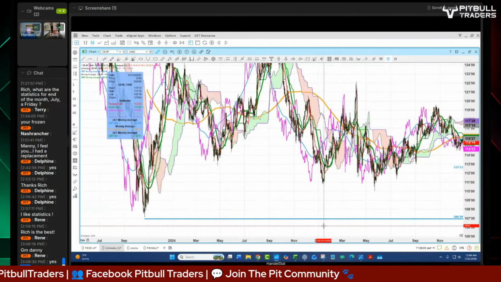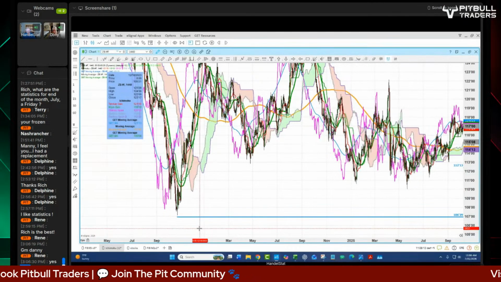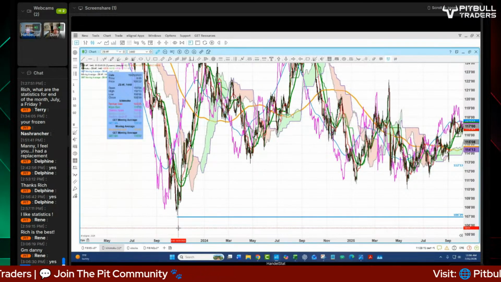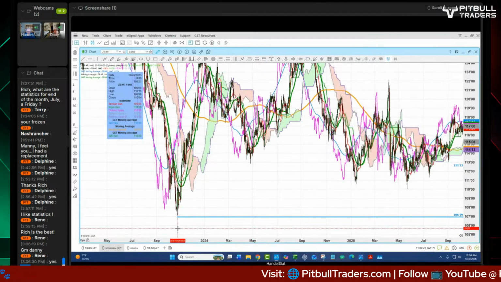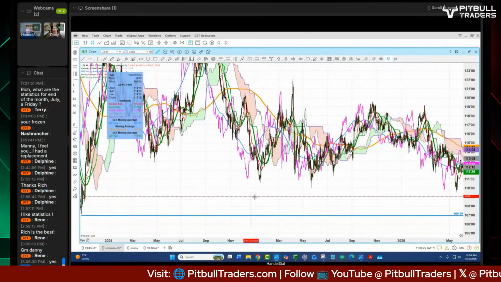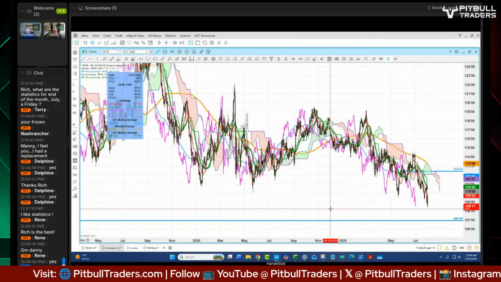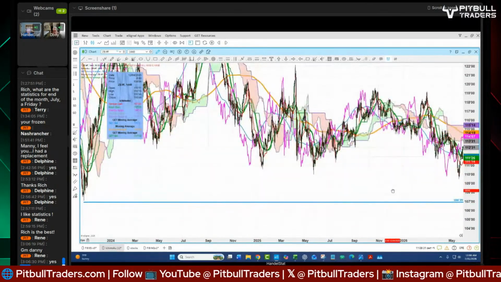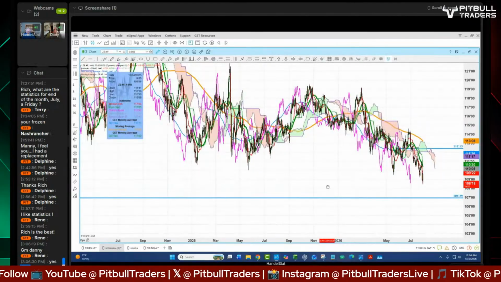I don't know why this is down here, but this was the level. This is back in 2023 when they made the low, and they went back up. I don't know if we're going to go down there and test it, but this is the lowest they've been since then. So that's not good.